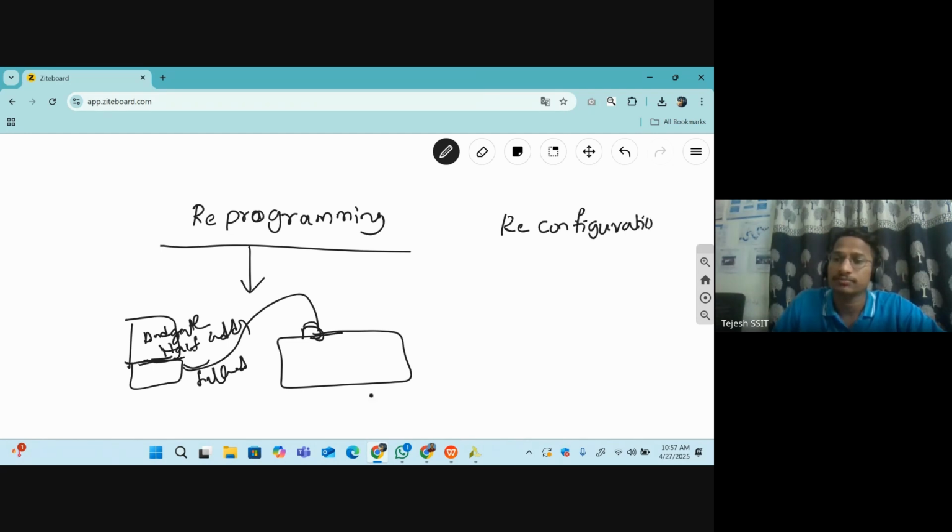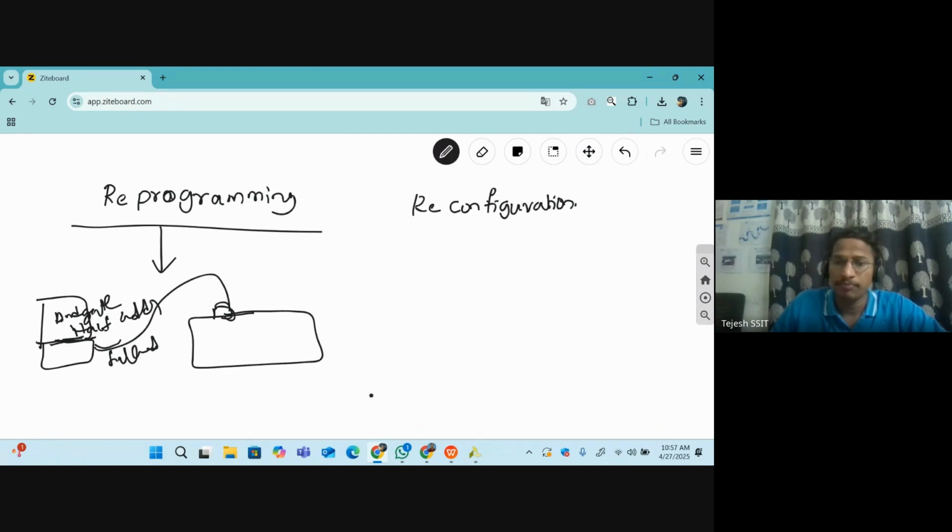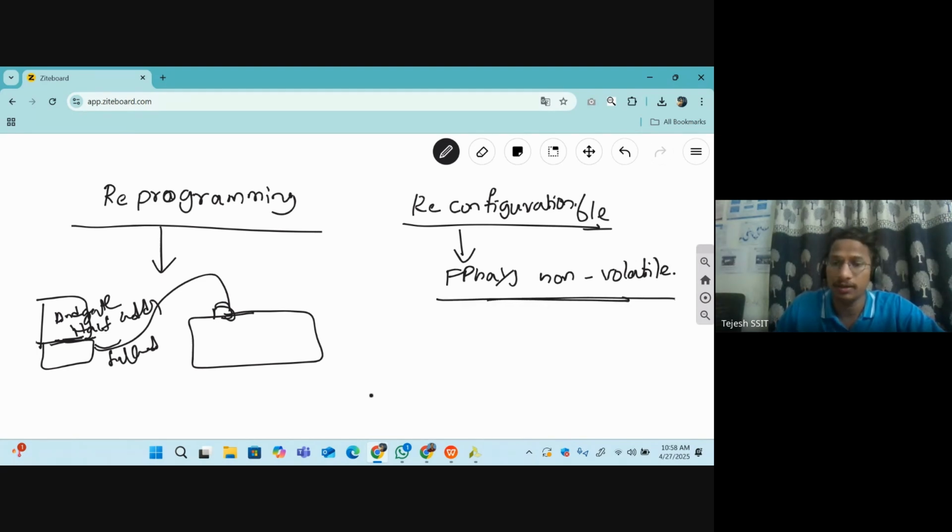And reconfiguring means some FPGAs are non-volatile. Suppose we dump the AND gate code into the FPGA board, so it acts as an AND gate.